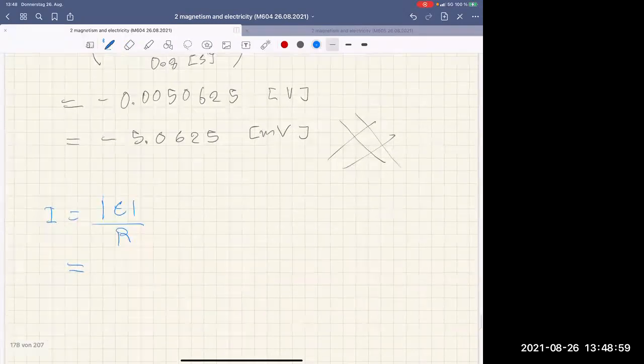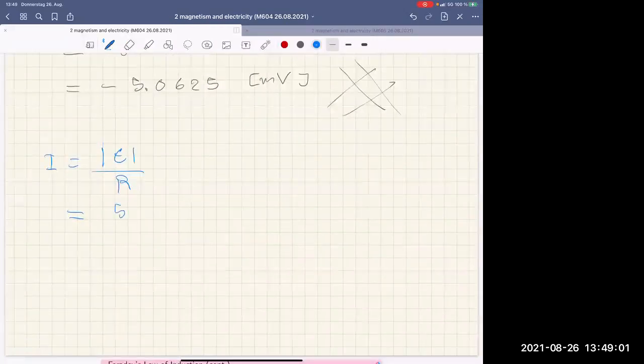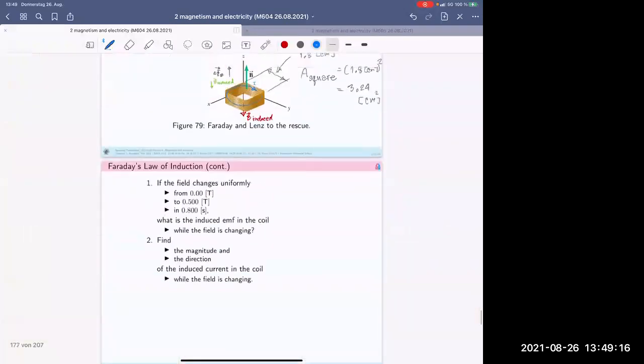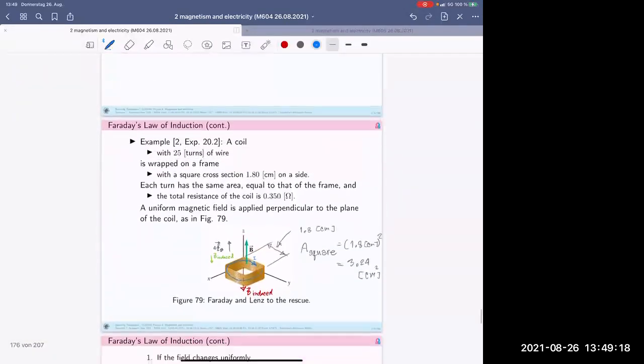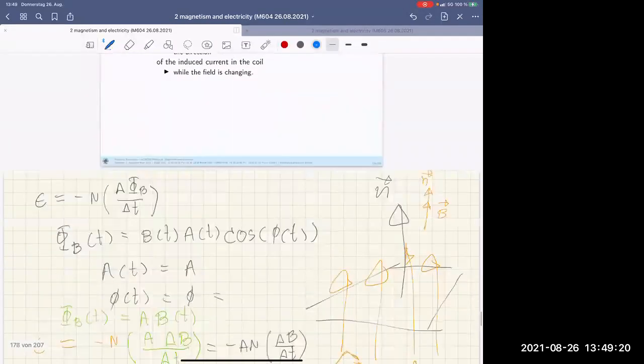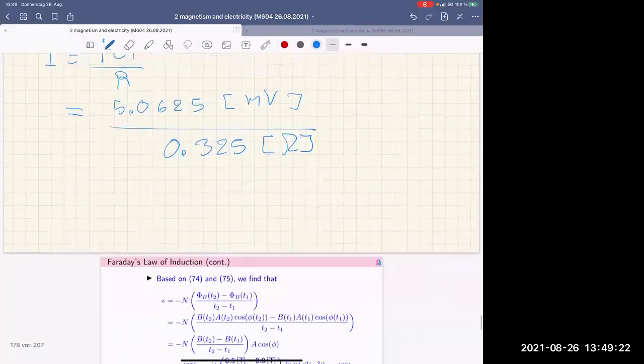So we have 5.0625 millivolts, or you say volt as well, divided by 0.325 ohm. Oh, 0.35, not 0.325. I'm stupid.